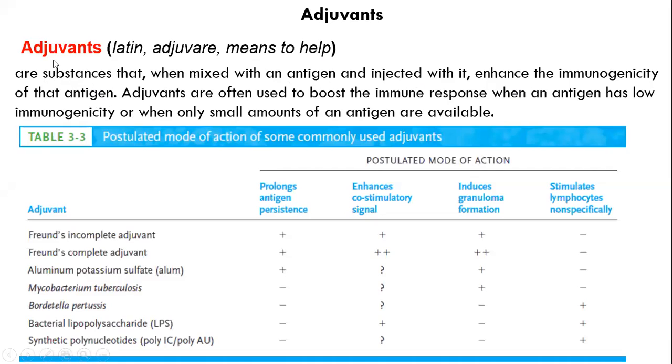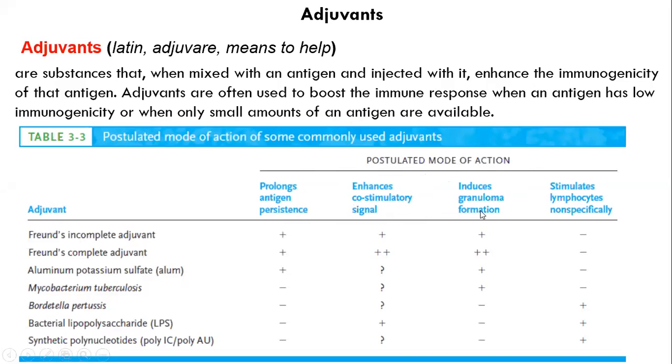They can boost the immune response. How do they do that? The molecular and biochemical mechanism is not completely understood, but there is a postulated mode of action. For example, an adjuvant combined with an antigen prolongs antigen persistence in the body and enhances the co-stimulatory signal, where the antigen is presented to the molecules of the immune cells, the T cell, in a good, pathway-specific, co-stimulatory manner.